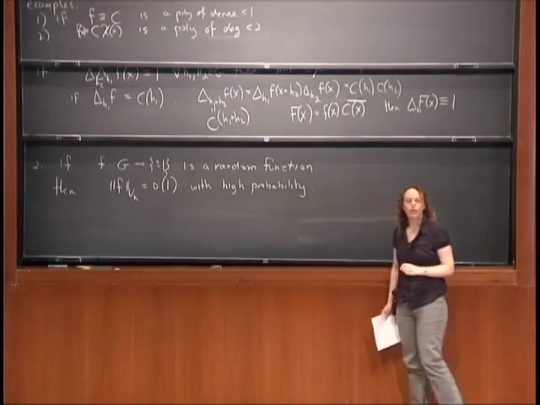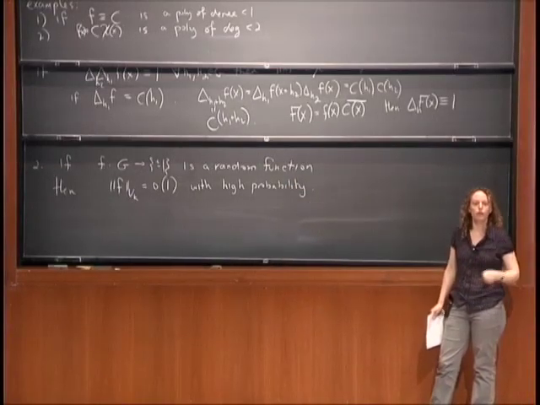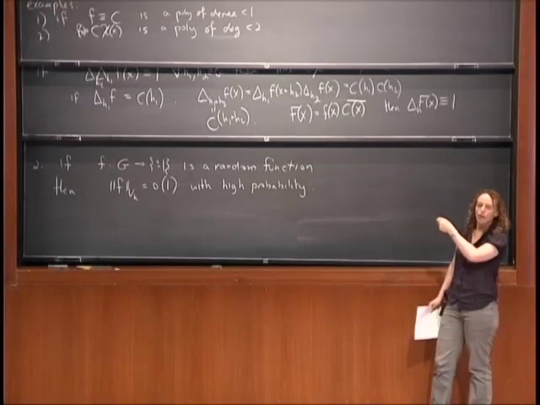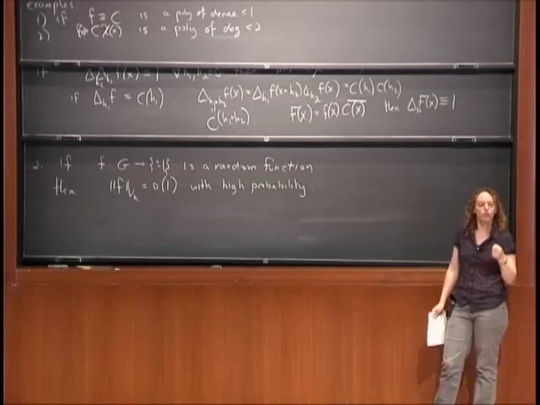So we already saw this before, a random function has small UK norm. If the UK norm is 1, its highest value, then the function must be a polynomial.